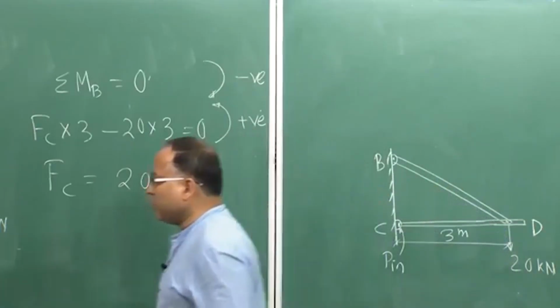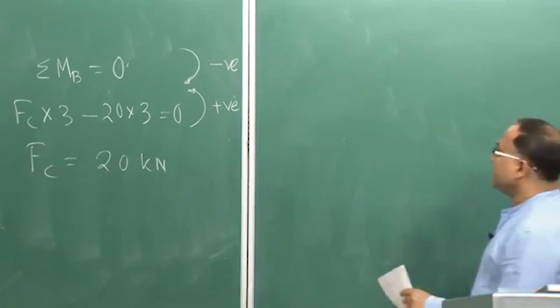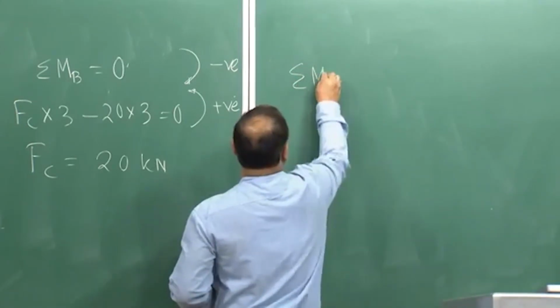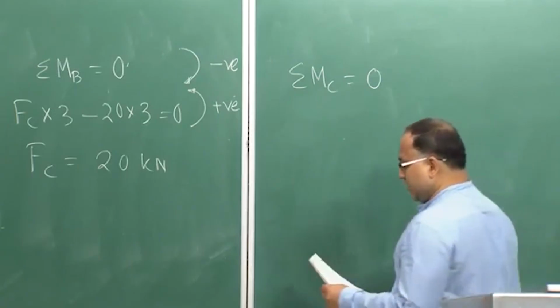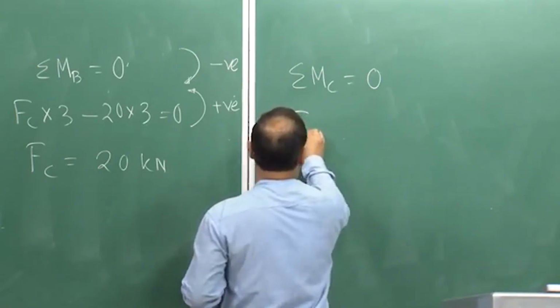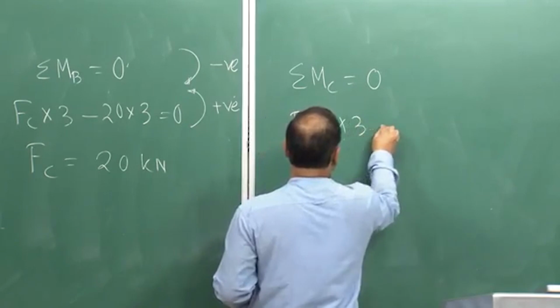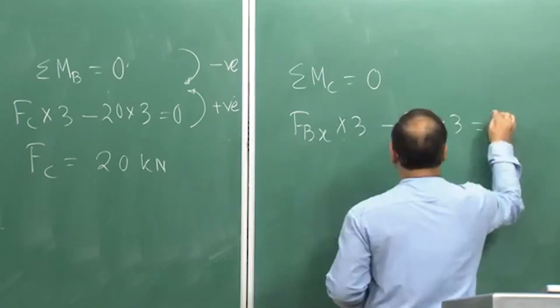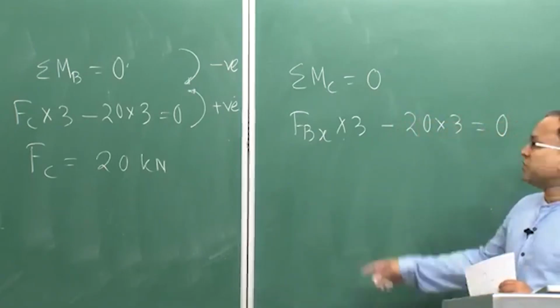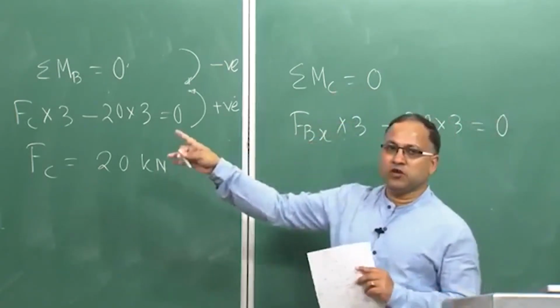Now similarly, if you take the moment equilibrium with respect to point C, then you will be getting Fbx into 3 minus 20 into 3. Once you take moment with respect to C, Fc will not be participating.